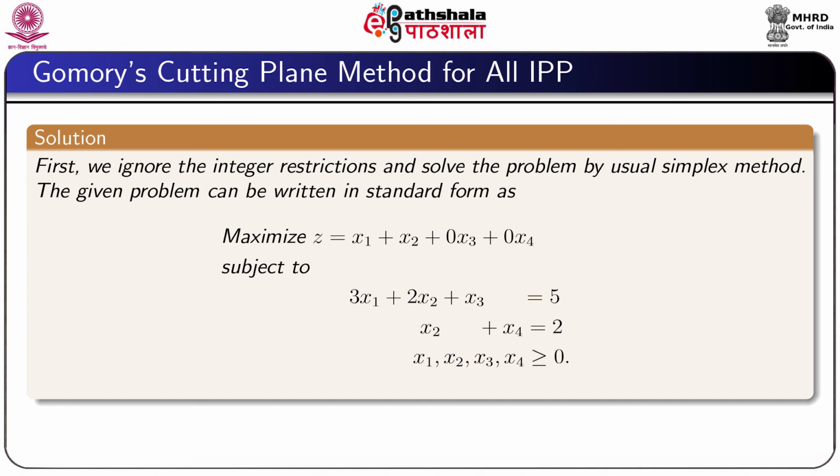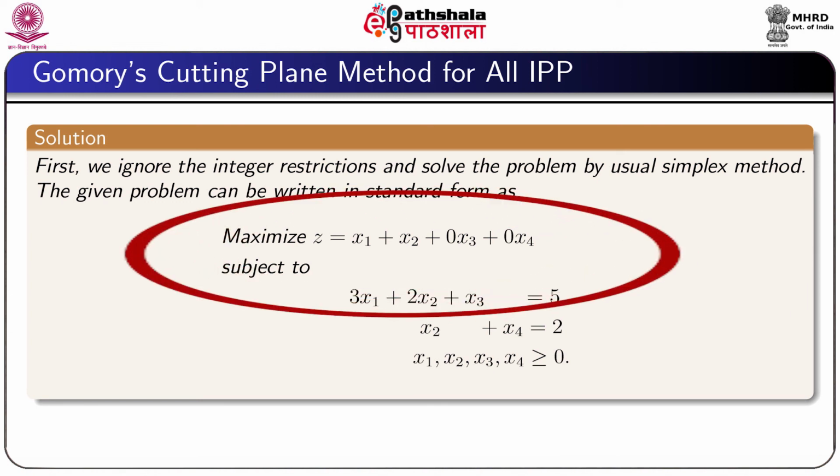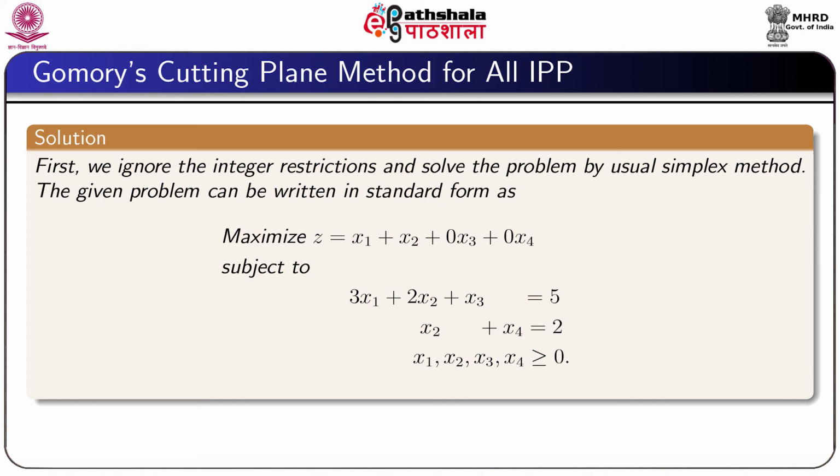First, we ignore the integer restrictions and solve the problem by the usual simplex method. For this, the given problem can be written in standard form as maximize z equal to x1 plus x2 plus 0 into x3 plus 0 into x4 subject to 3x1 plus 2x2 plus x3 equal to 5, x2 plus x4 is equal to 2, x1, x2, x3, x4 greater than or equal to 0.